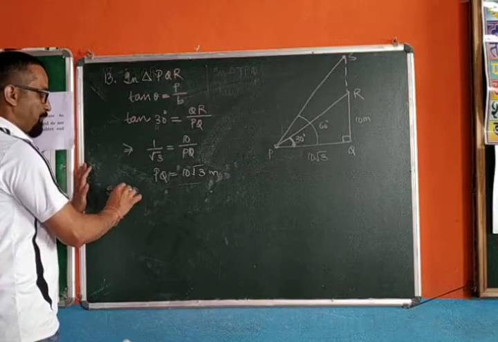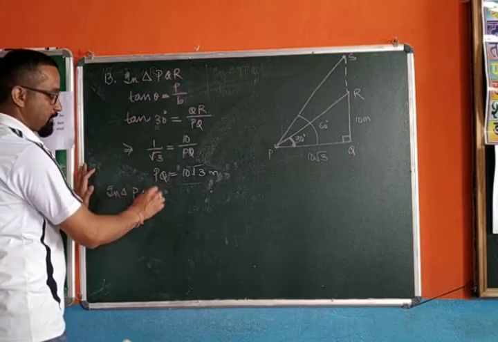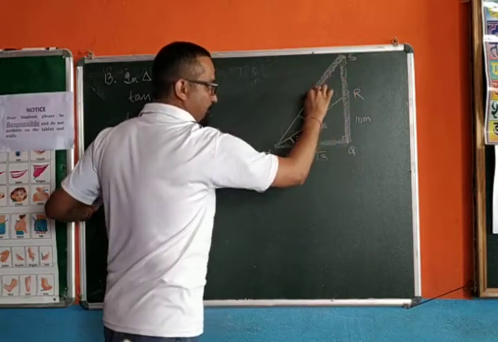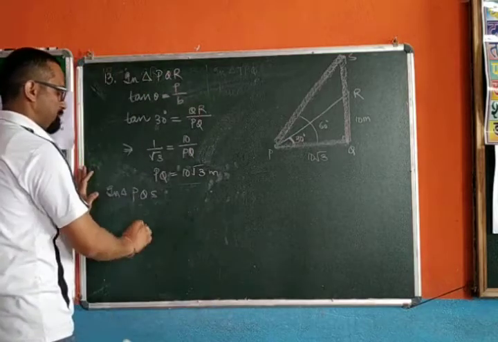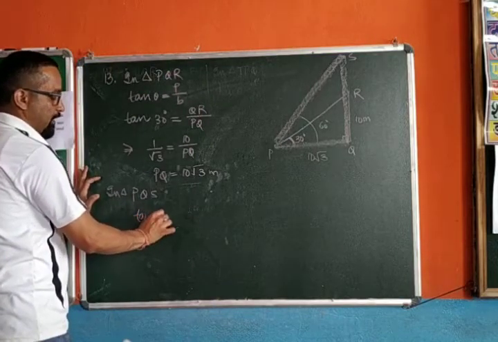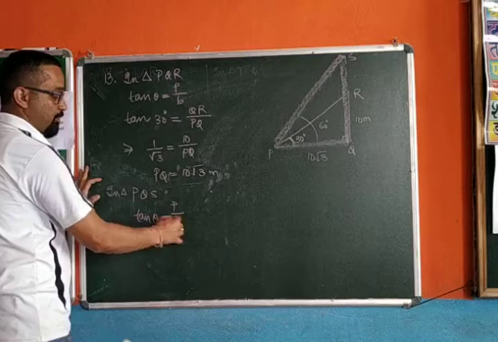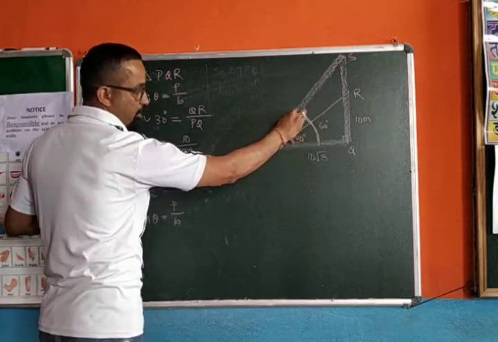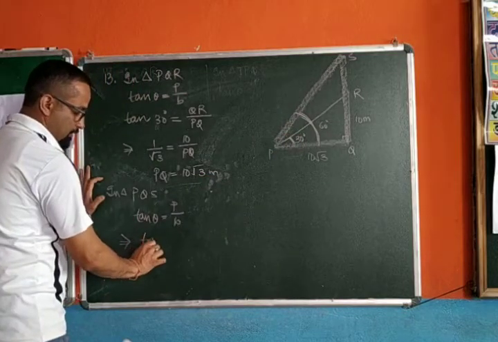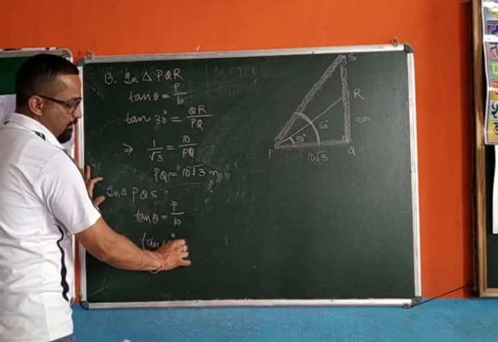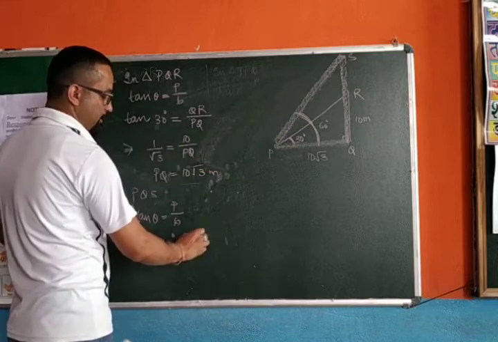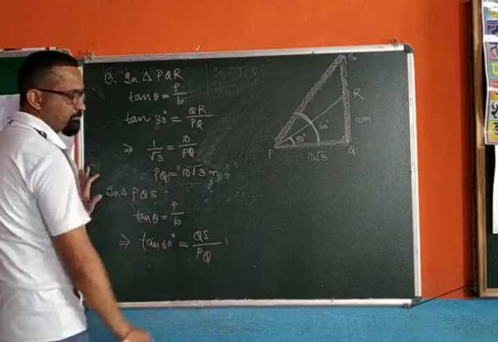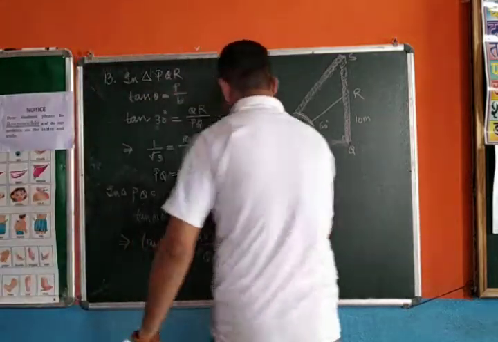Once you know this, use the big triangle. In triangle PQS, the entire big one. Tan theta is equal to perpendicular upon base. The angle of elevation for the big triangle is 60 degrees. Tan 60 degrees. Perpendicular is QS and base is PQ. Substitute the values now.